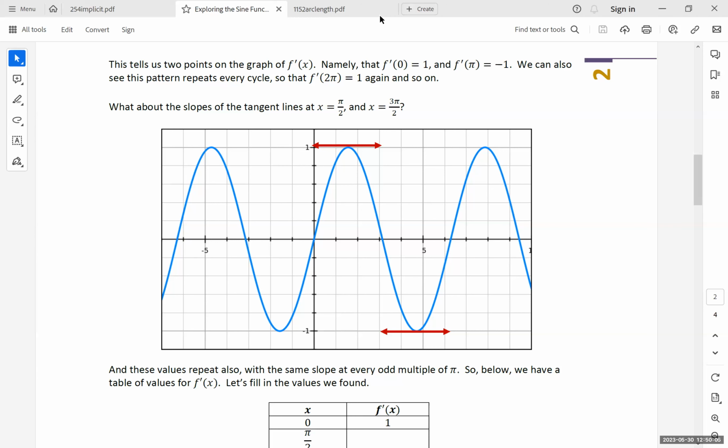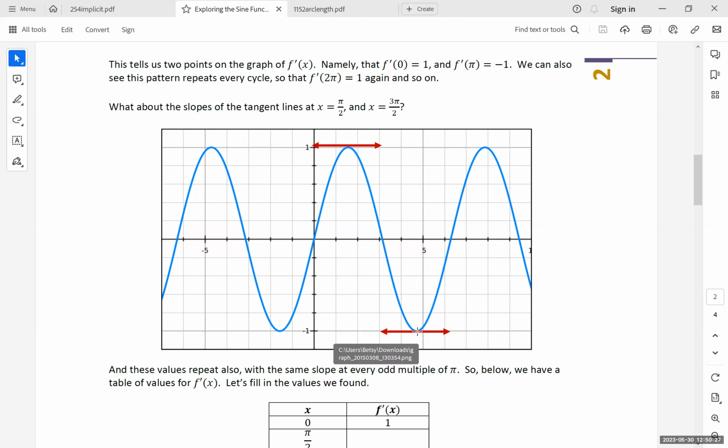Now, what about at pi over 2 and 3 pi over 2? Well, at pi over 2, we're at the peak of our sine graph. And this tangent line is horizontal, and horizontal lines have 0 slope. Same thing at 3 pi over 2, we're 3/4 of the way through our cycle.